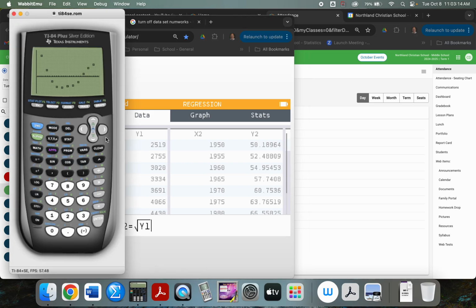On the TI, if we go into statistics, edit, I'm going to leave L1 alone. And in L3, I want the square root of L2.